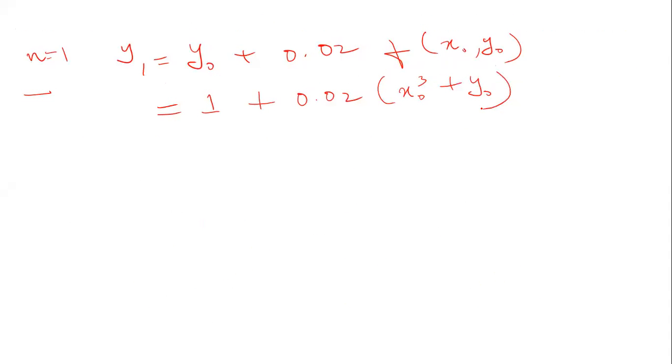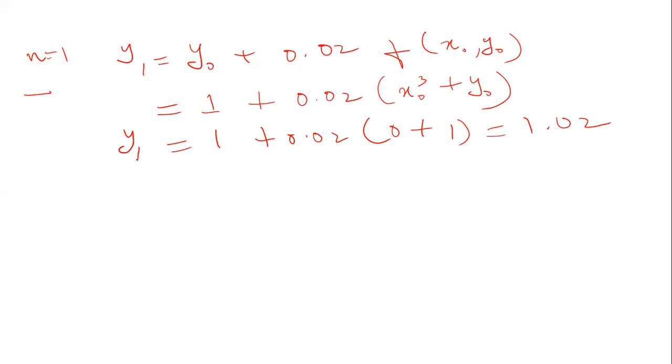With x naught 0 and y naught 1, we get 1 plus 0.02 times 1, which gives 1.02. So my y1 will be 1.02.